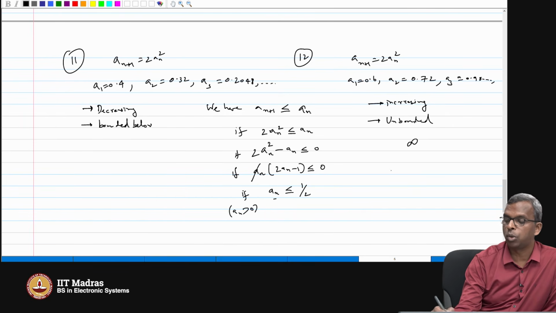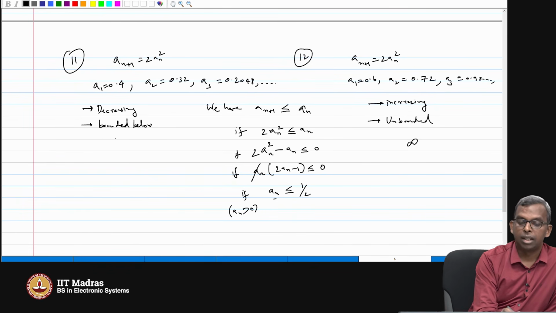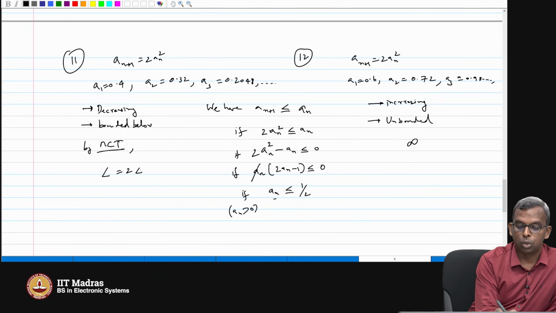This is going to go to a limit of infinity. Here, for the decreasing one, you can use MCT. So by MCT, the limit exists, and you're going to get L equals 2 times L squared, and you can solve for this.